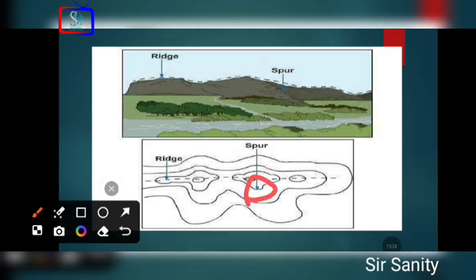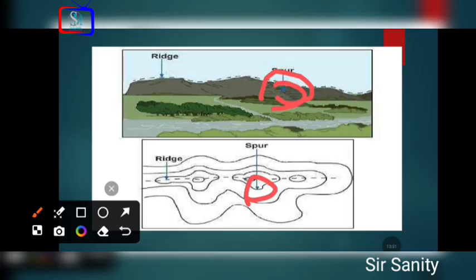Then you see there's a highland, and this place is a low-lying area. Some part of the land here has been projected into the low-lying area. This small place that you see here has been prolonged into the low-lying area, forming the spur there.